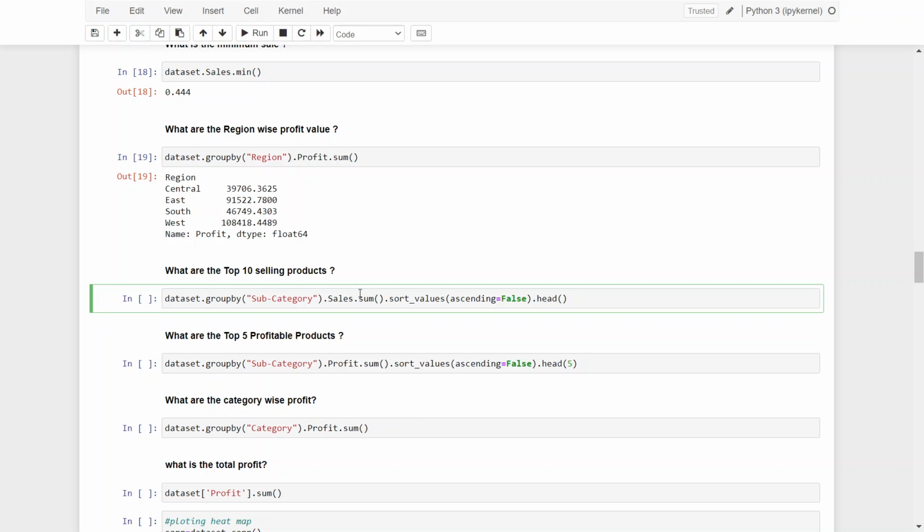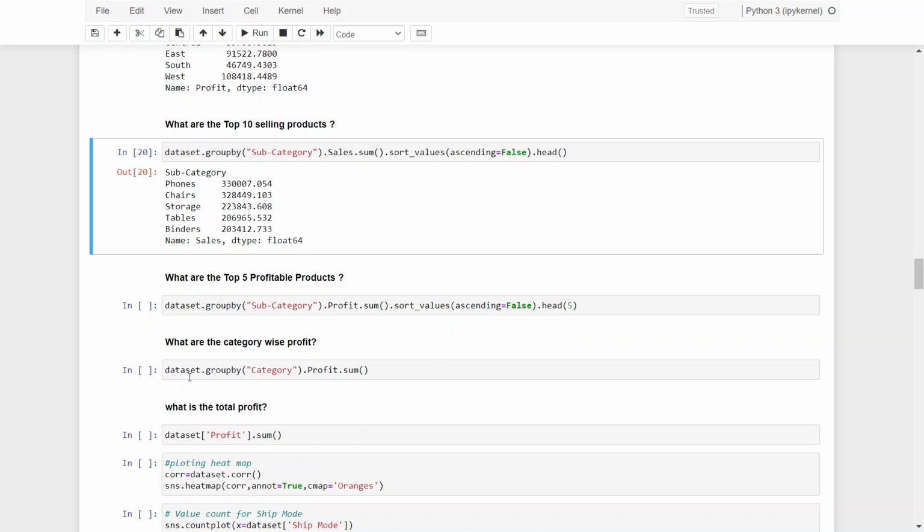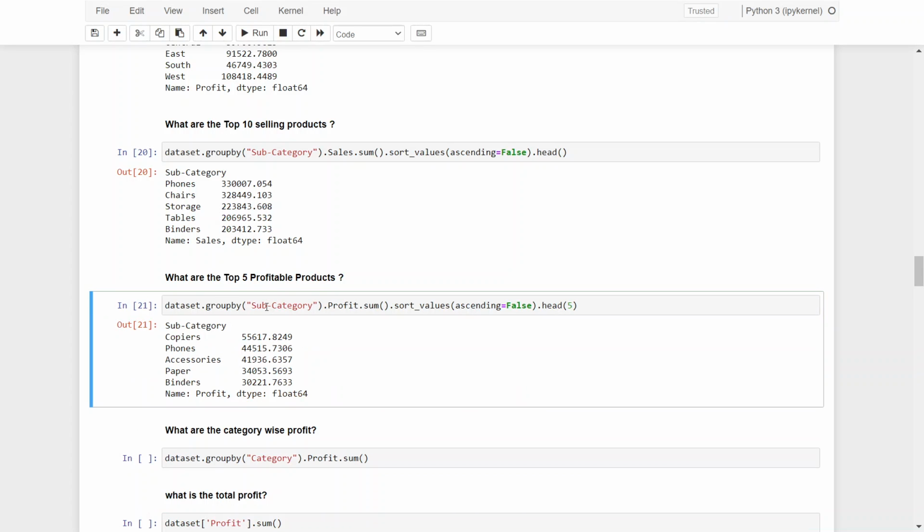Yes, these are the top selling products: phones, chairs, storage, tables, binders. And what are the top 5 profitable products? You can see copiers, papers, phones, accessories, and binders are the top 5 profitable products.